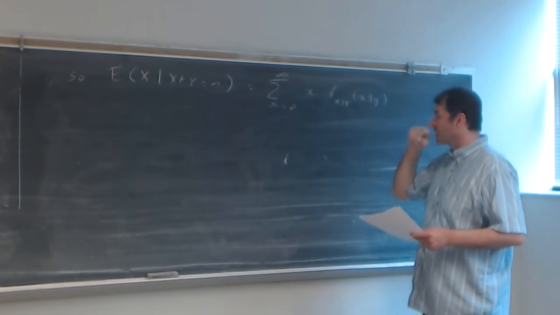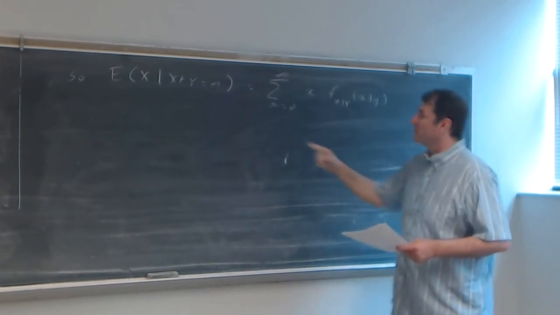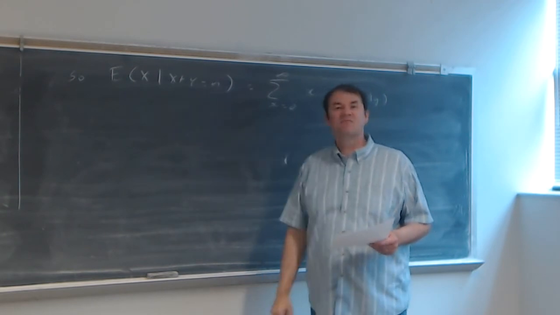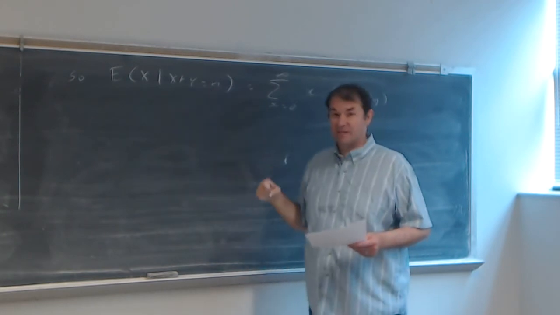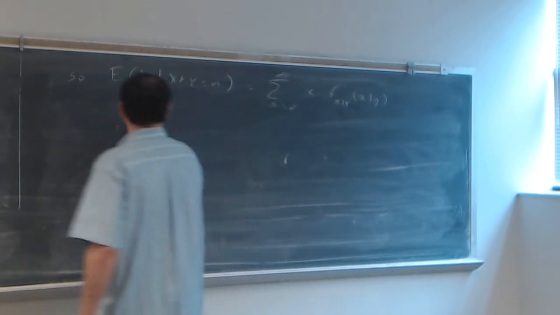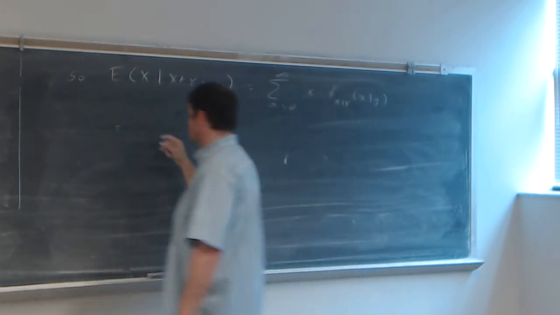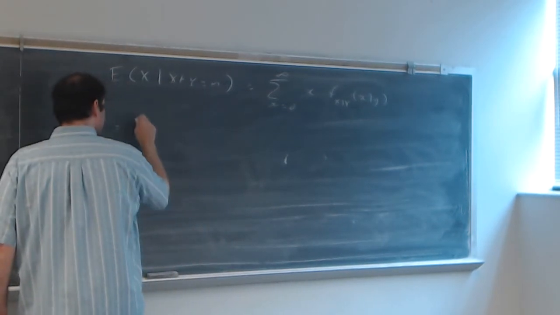But one thing I want to tell you: if we know that x plus y is equal to n, the maximum value that x can be, because y can never be negative, is n. So when you get an x value bigger than n, that is impossible, so this sum gives 0 in those cases.